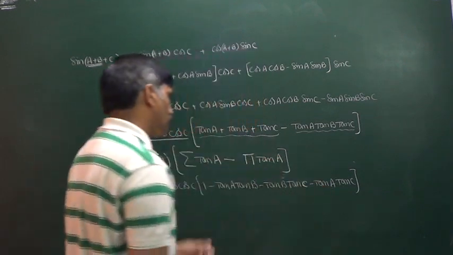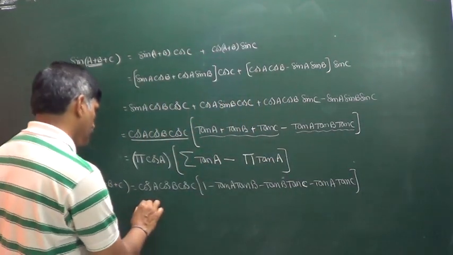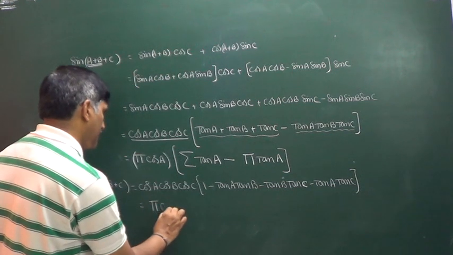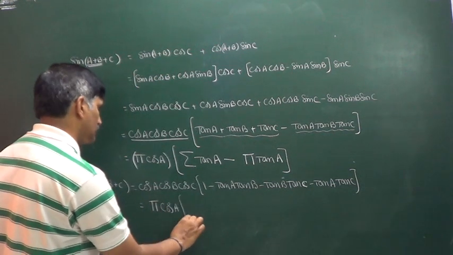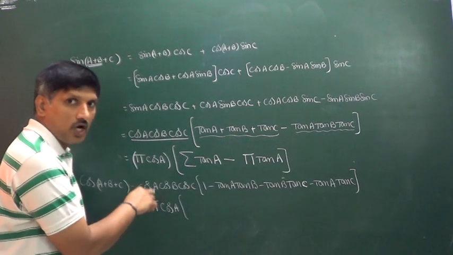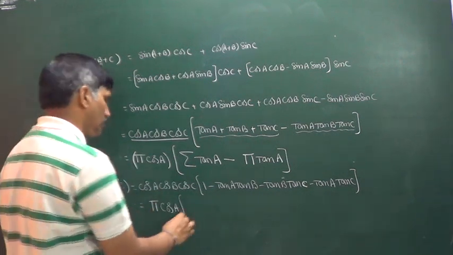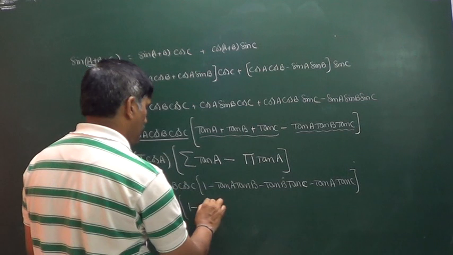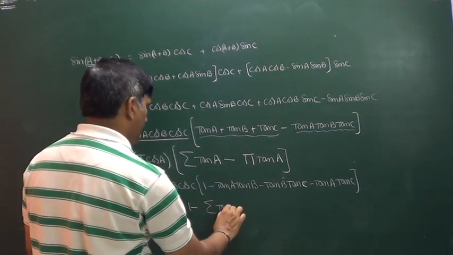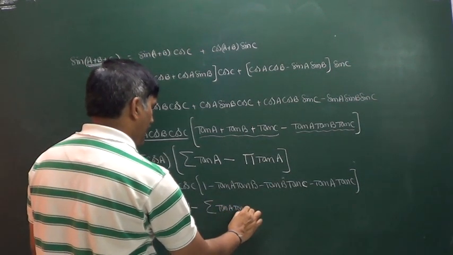For objective exams all these are required, so all of you note down these points. Now we can write this in short form as pi cos A, that means cos A into cos B into cos C, into (1 minus summation tan A tan B).